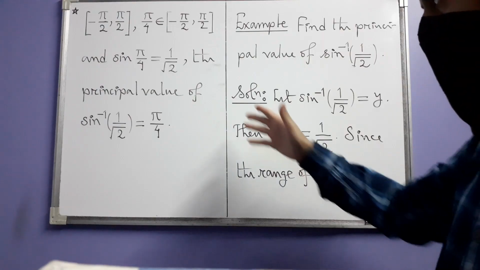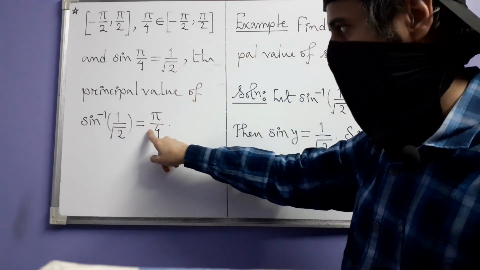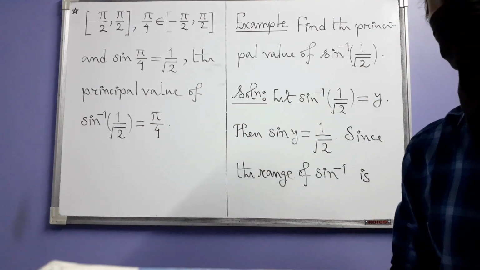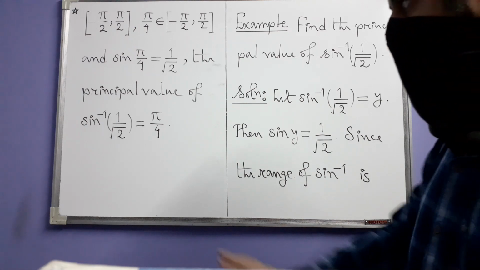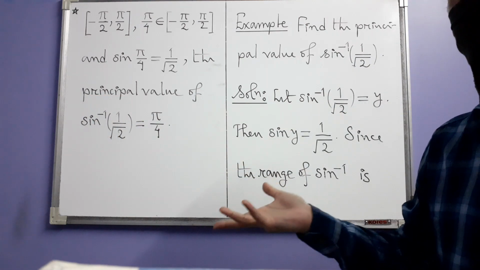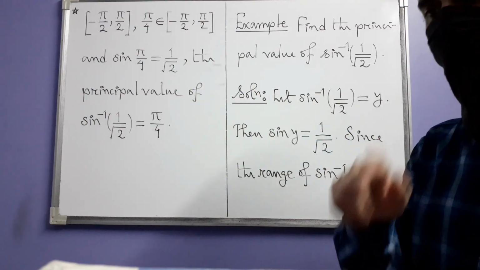So that is why, taking all these things into account, we find that the principal value of this is equal to pi divided by 4. Again, actually there is no need to write this principal value of, but because this is how it appears in the book, if you don't write this, then marks will be deducted.